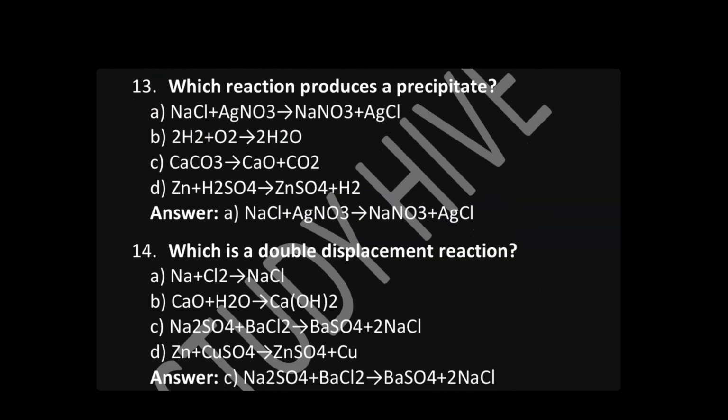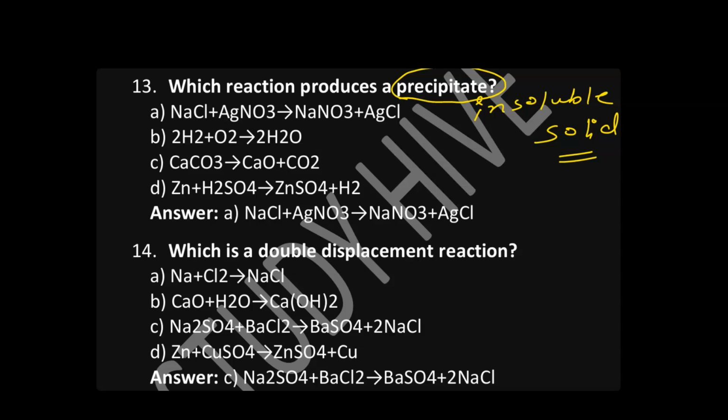Question number 13. Which reaction produces a precipitate? Precipitate reactions are those in which two or more reactants react together and form an insoluble solid. Precipitate is an insoluble solid. So when NaCl plus AgNO3 react together, what do they form?